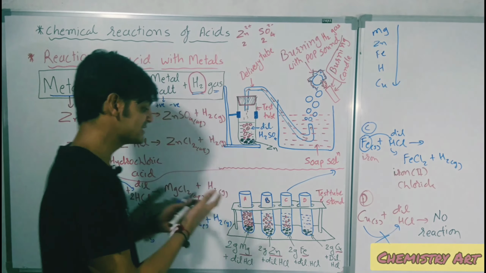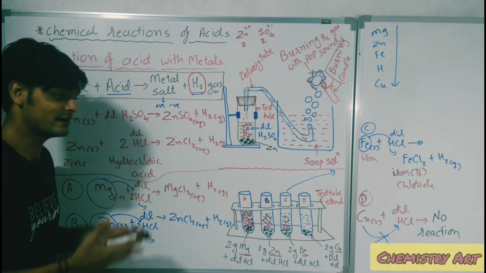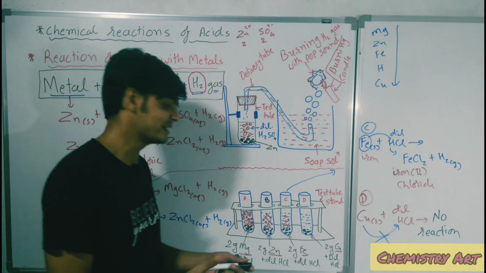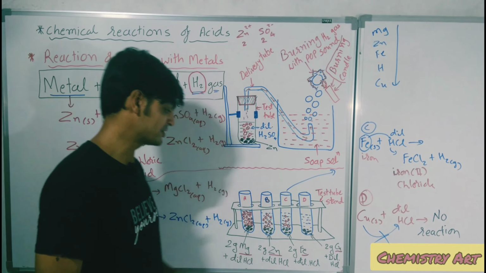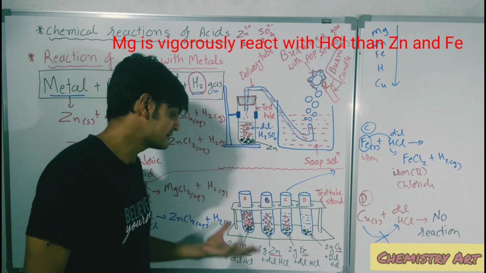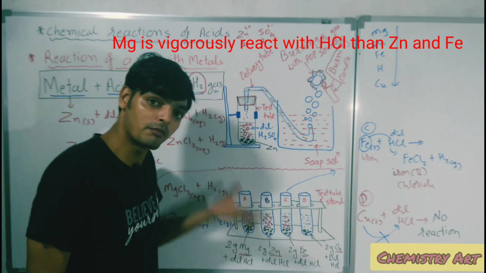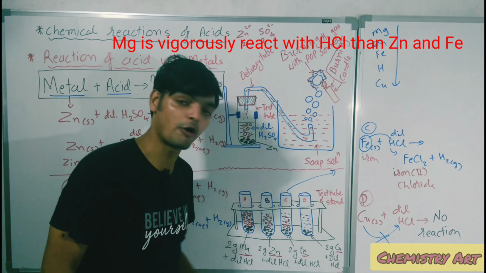Why? Because these reactions are nothing but displacement reactions, and all the metals have different properties to react with the acid. I hope you understood why the magnesium is more reactive, forming more bubbles of hydrogen, while the zinc is less, iron is less, and the copper is least.